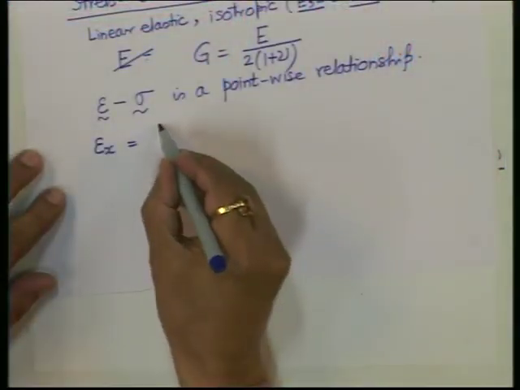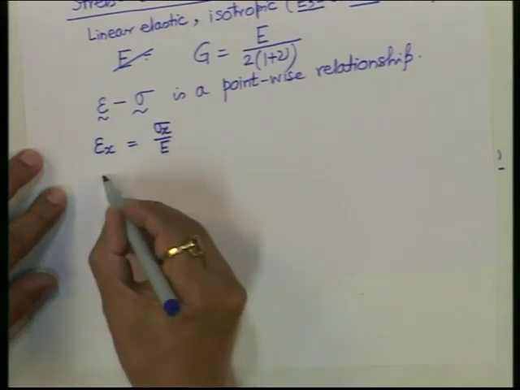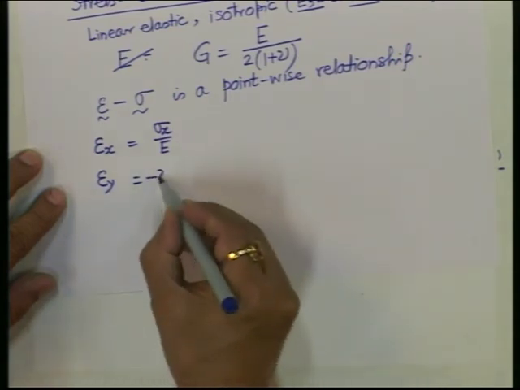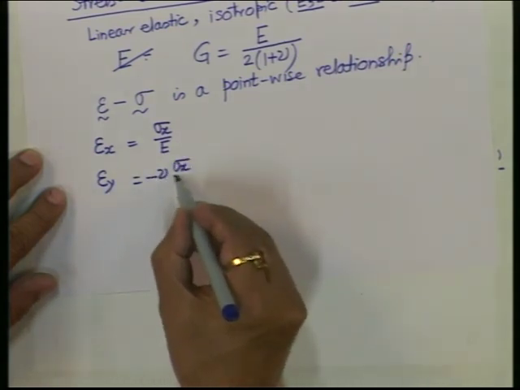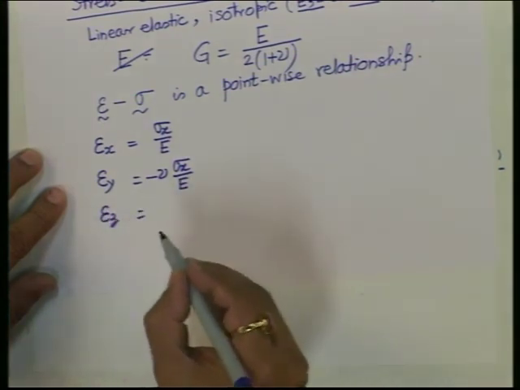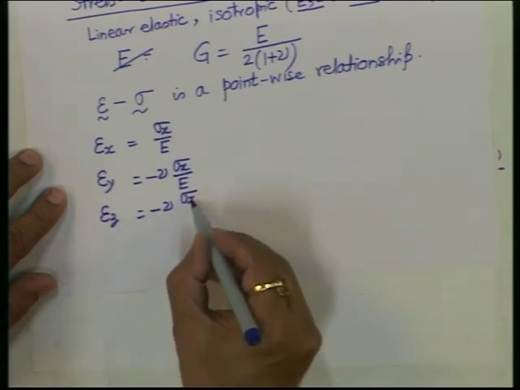So, this one will be sigma x by E, but then it will also produce epsilon y, that will be minus nu times sigma x by E, and it will also produce epsilon z, and that will be minus nu times again sigma x by E.